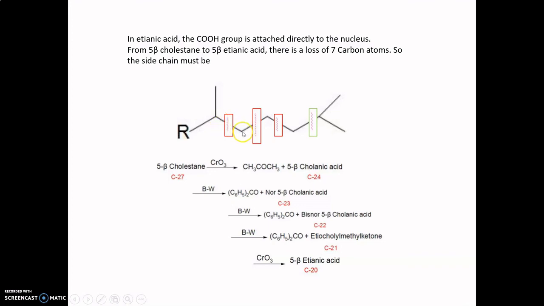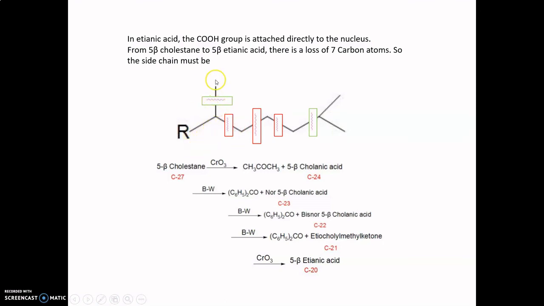If you had a methylene group, you would get an acid, but you don't have a methylene group here. You have a hydrogen and a methyl group, so you get etiocholyl methyl ketone. So we have done 3 Barbier-Wieland degradations, and now we are going to oxidize this etiocholyl methyl ketone.